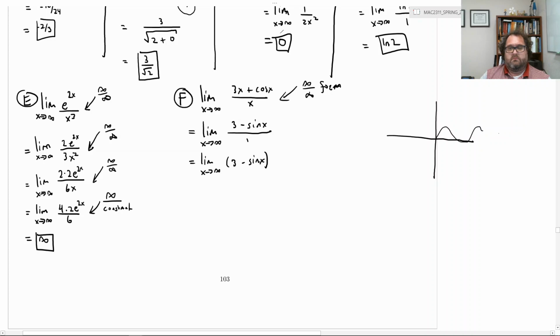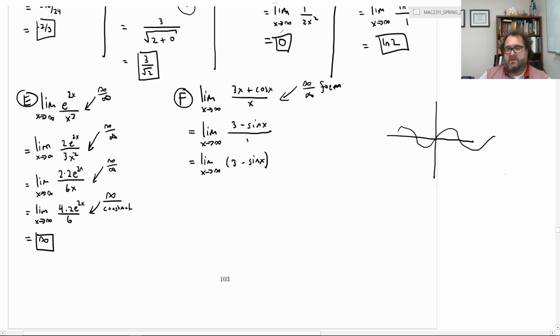Maybe not. Sometimes OneNote likes to lag a little bit. There we go. So instead of sine going kind of like this, a negative sign flips it.